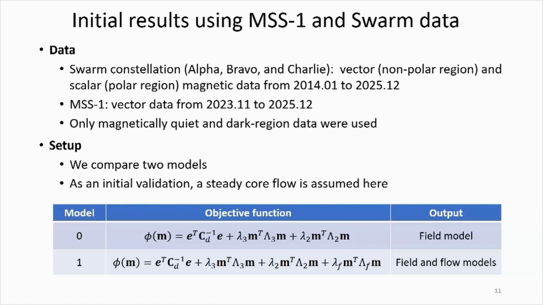In the following, we will compare two models. The first one, model 0, was modeled without induction equation constraints, so its input is the field model. Model 1 includes the induction equation constraints.